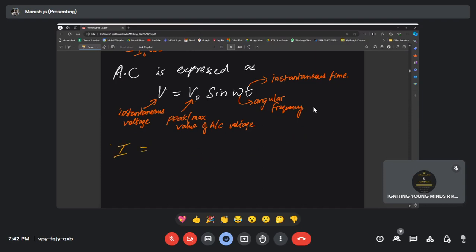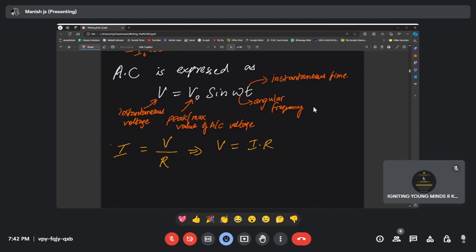You can express it as the ratio of potential difference and resistance. We can write I as V upon R. That's the general expression. If you rearrange, you can simply say V is equal to I times R. This is your Ohm's law relationship.